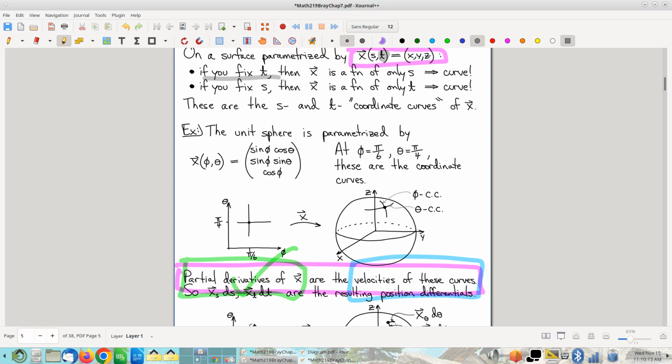And how do we take the velocity of a parametric curve? Velocity means take the derivative with respect to the parameter. And so again, just literally taking the derivative with respect to s. Both of these things are saying fix one of the parameters, take the derivative with respect to the other. So they're the same.